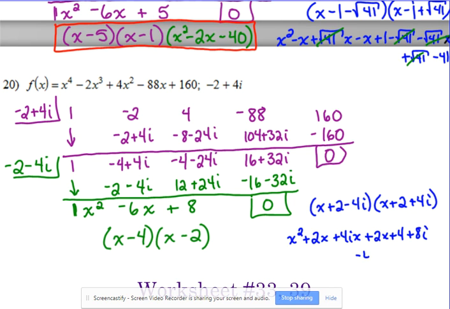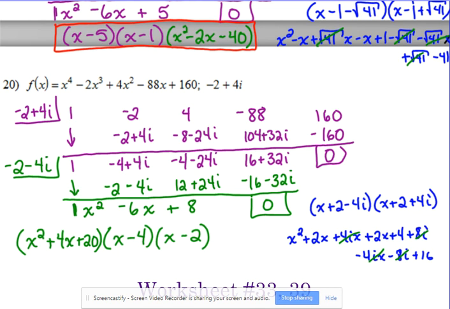Distribute the negative 4i. Negative 4ix minus 8i. Let's see here. Negative 4i times positive 4i is negative 16i squared. i squared is negative 1, so that becomes positive 16. So 4ix cancels, the 8i cancels. So what are we left with? x squared plus 4x plus 4 plus 16, so plus 20.